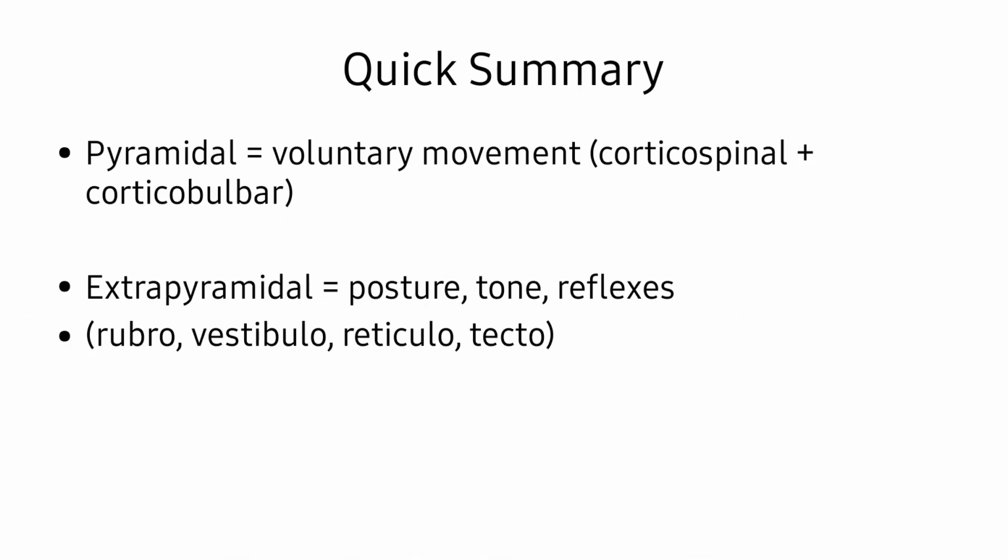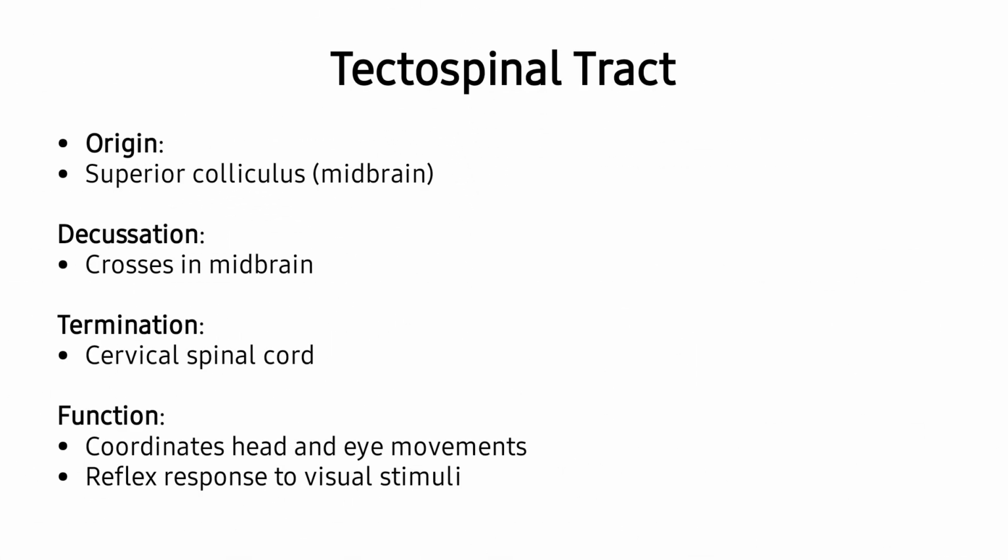Then lastly but not the least, we have the tectospinal tract. Tectospinal tract originates from the superior colliculus. The superior colliculus is found where? In the midbrain. Decussation crosses in the midbrain, termination cervical spinal cord. So where it terminates tells you its function.